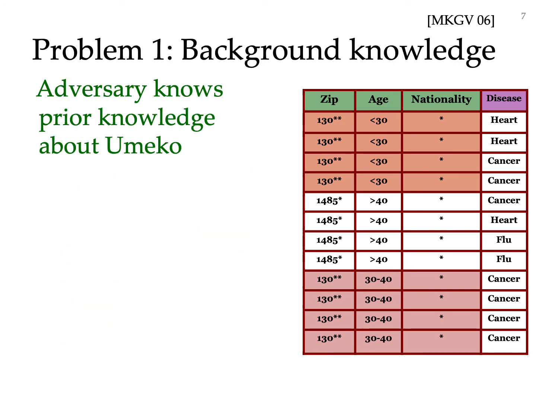However, this k-anonymity setting may have issues when the adversary has some background knowledge. For example, assume the adversary knows that Emiko is a 25-year-old Japanese who currently lives in zip code 13053. Based on this information, the adversary learns that Emiko's information is contained in the first four tuples of the given table.